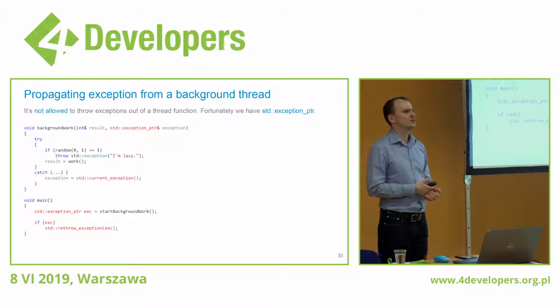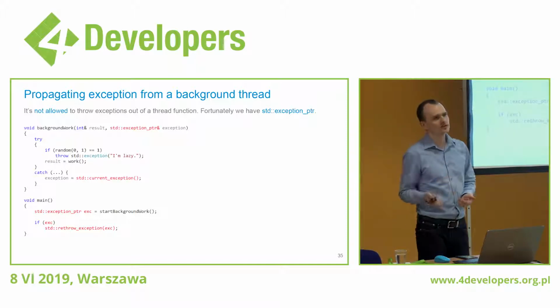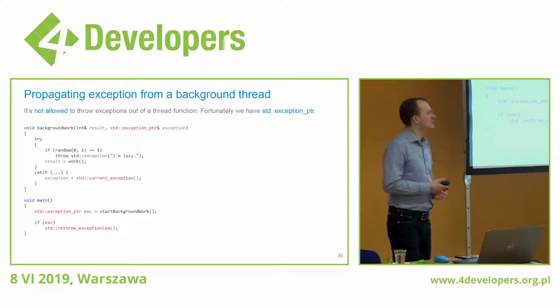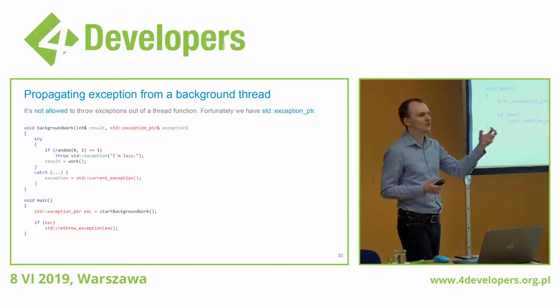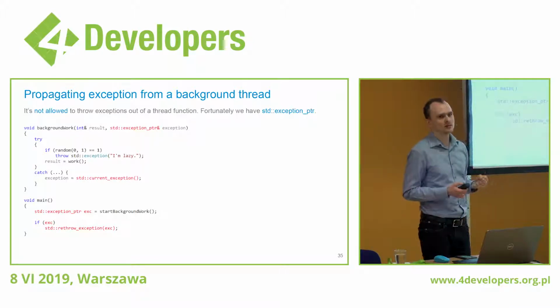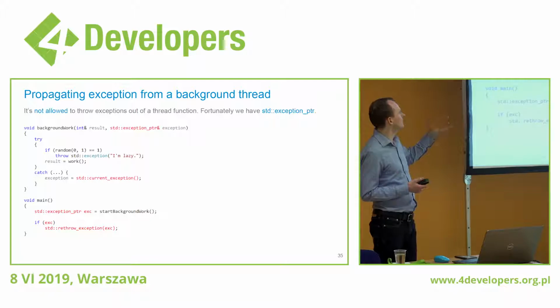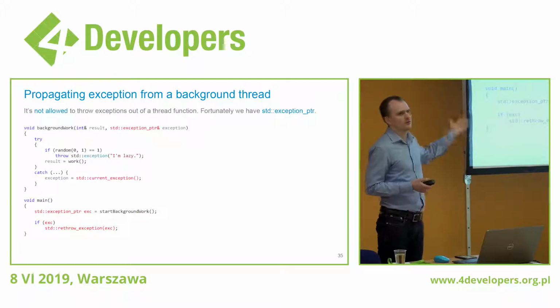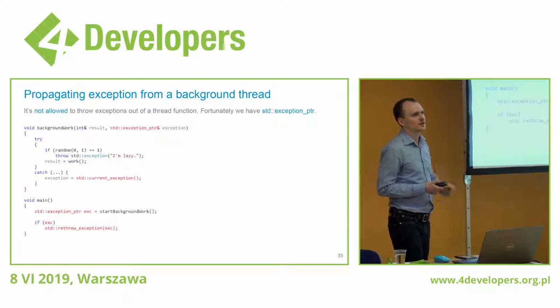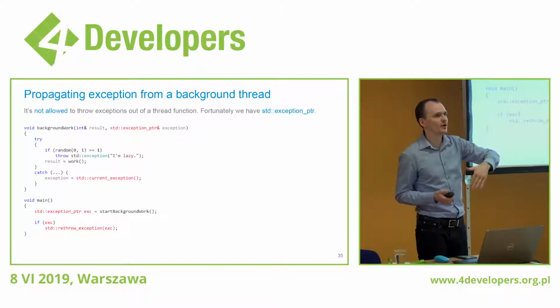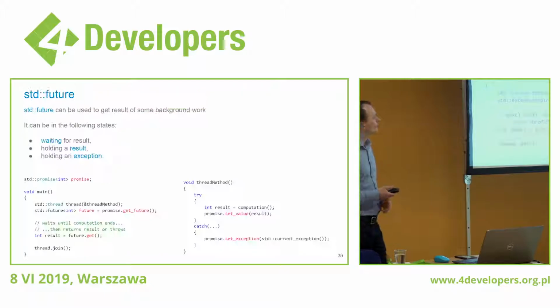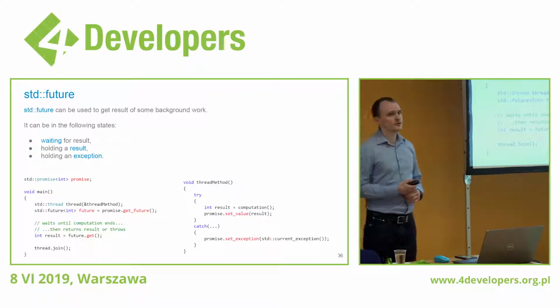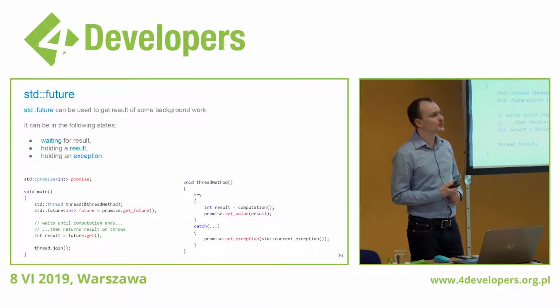An exception pointer is like a shared pointer to an exception. So in our background thread, we can catch this exception, store it in some variable, and then in the main thread, we can rethrow it. So that's how we can propagate errors from the background thread to our main thread. Another thing we can do is use standard future.